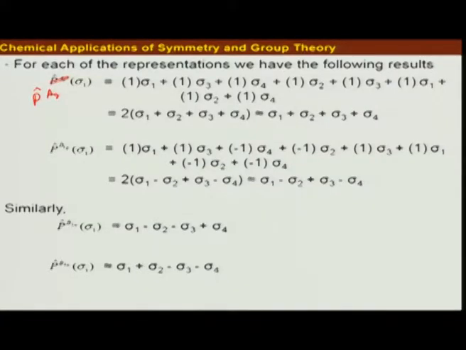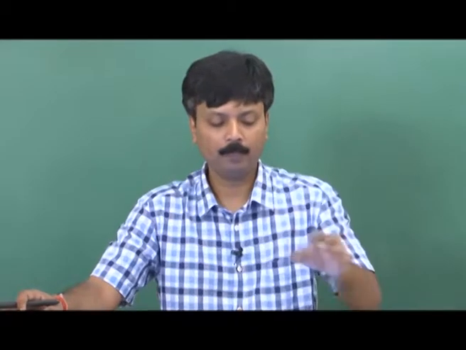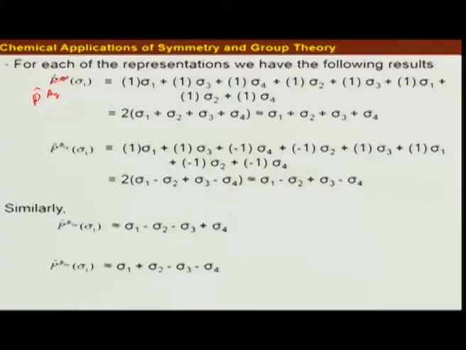You take any particular basis function out of your basis set. I choose sigma 1, and then you form the projection operator for each one of those irreducible representations that you just got after reducing gamma, and then operate each of these projection operators on this particular basis function, which is sigma 1 in our case.